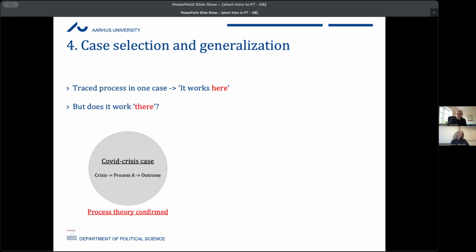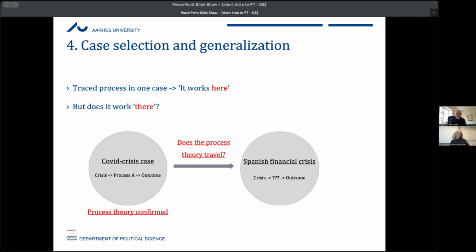I know it works here. This is a COVID case, for example, some kind of crisis process outcome, but is it going to work in another case of crisis? You don't really know until you have investigated other cases. Did you have anything you want to add on generalization?